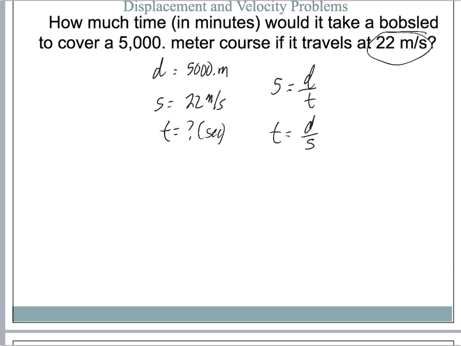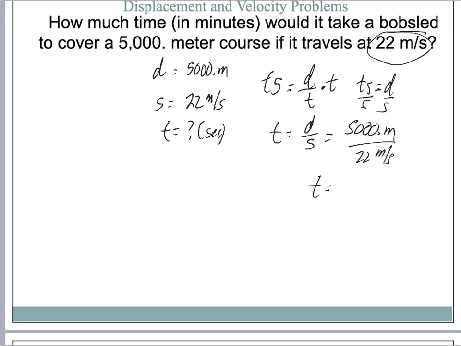If you're trying to isolate t, multiply both sides by t, you get ts equals d, and to get rid of s, you have to divide by s. So if t equals d over s, d is 5,000 meters, and s is 22 meters per second, what are we going to get?